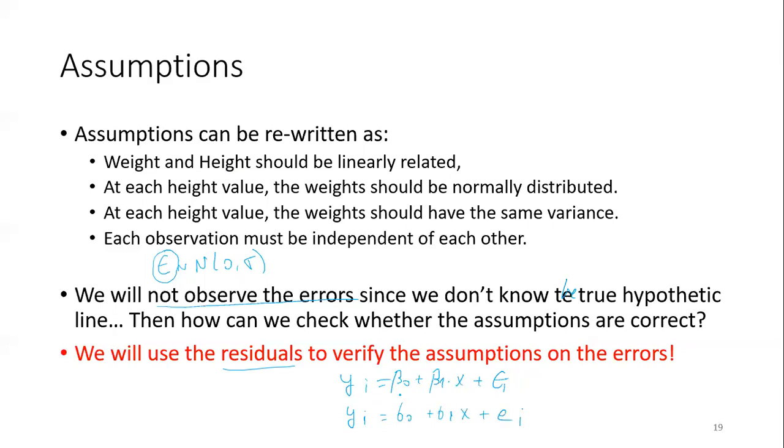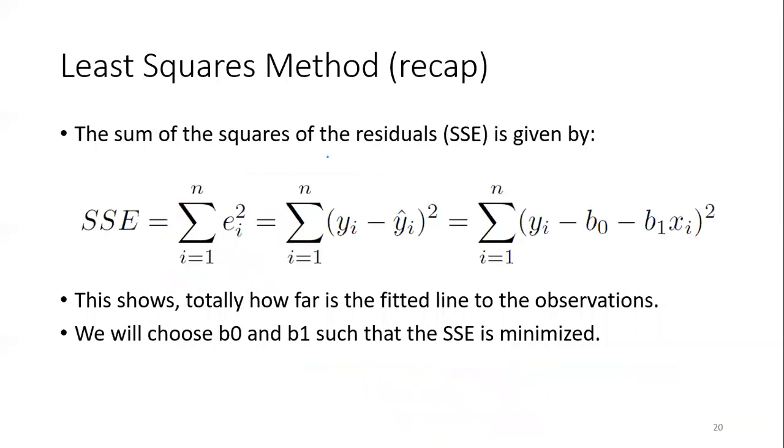So b0 is an estimator for beta 0, b1 is an estimator for beta 1, and ei is not an estimator, of course, but it will mimic the random variable epsilon i. So we cannot plot epsilon i's, but we can plot the ei's, the residuals. We will see how to make that.